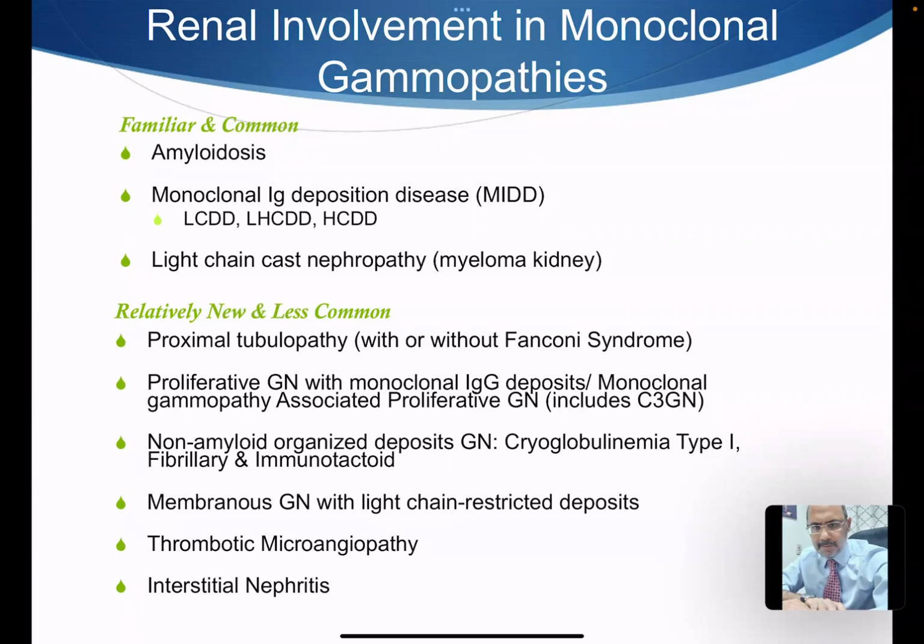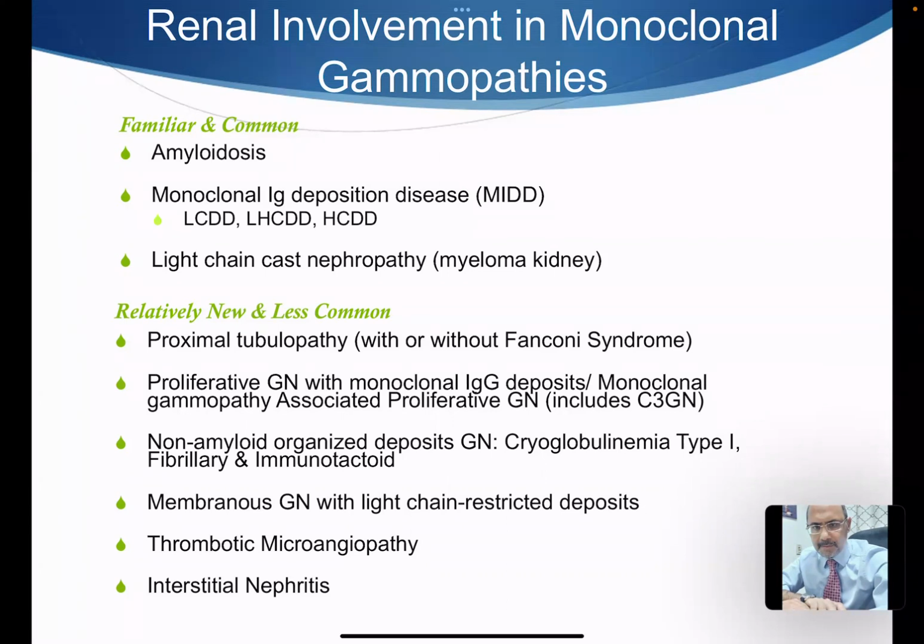And the non-amyloid organized deposits, which is Congo red negative, but still in the electron microscopy, you would find some type of deposits. This can be the fibrillary type or the immunotactoid type or even the cryoglobulinemic type 1. As we mentioned earlier, membranous GN with light chain restricted deposit is a type of these monoclonal gammopathies affecting the kidney, TMA, and even interstitial nephritis.